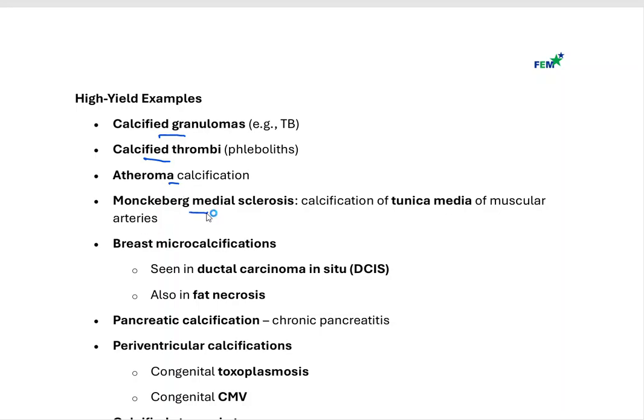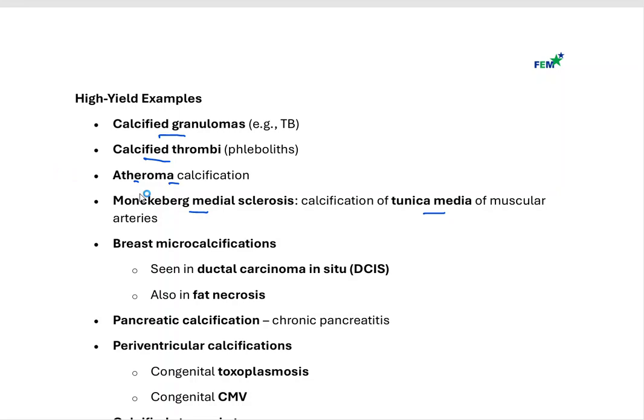Next is Monckeberg medial sclerosis, which is calcification of the tunica media of muscular arteries. It's important to know this involves the tunica media, and this does not affect blood flow, except if there is now involvement of the intima, like in the case of atheroma or atherosclerosis.